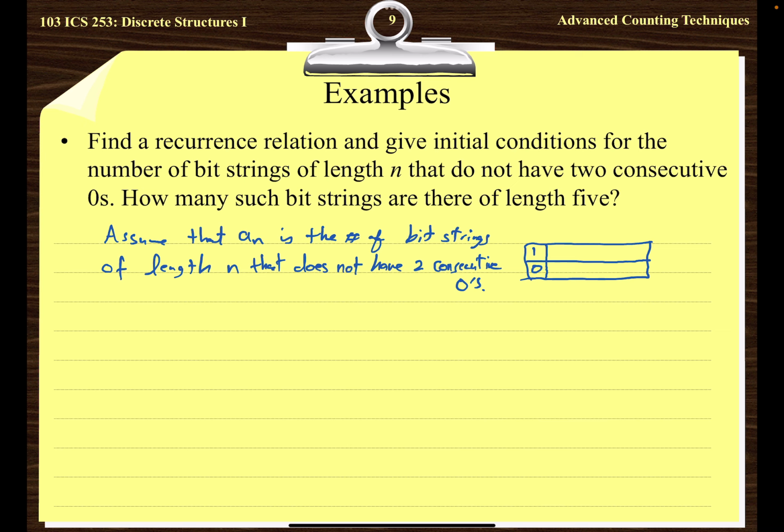Okay, let's assume that, an is the number of bit strings of length n that does not have two consecutive zeros.